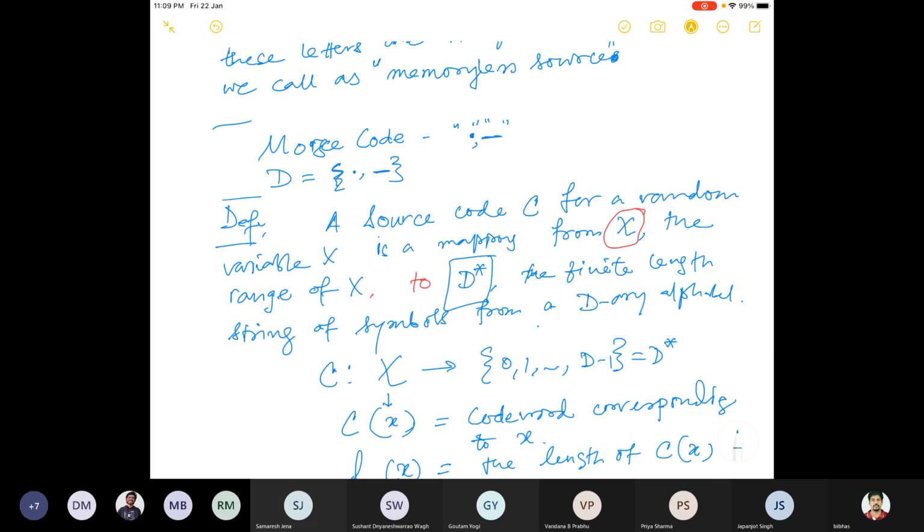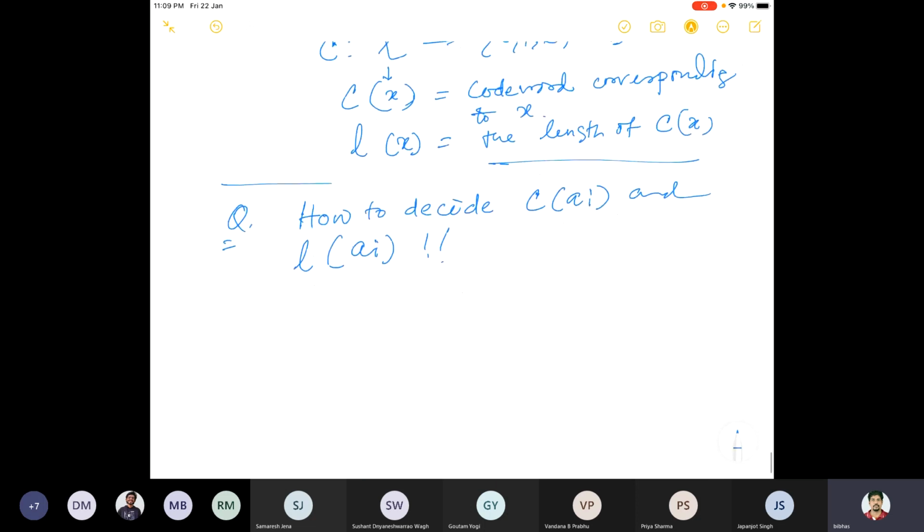That means he used variable length codes. So the length of the code words is not fixed. It varies with the letter. So there are two kinds of code words, I could say, corresponding to a coding scheme.